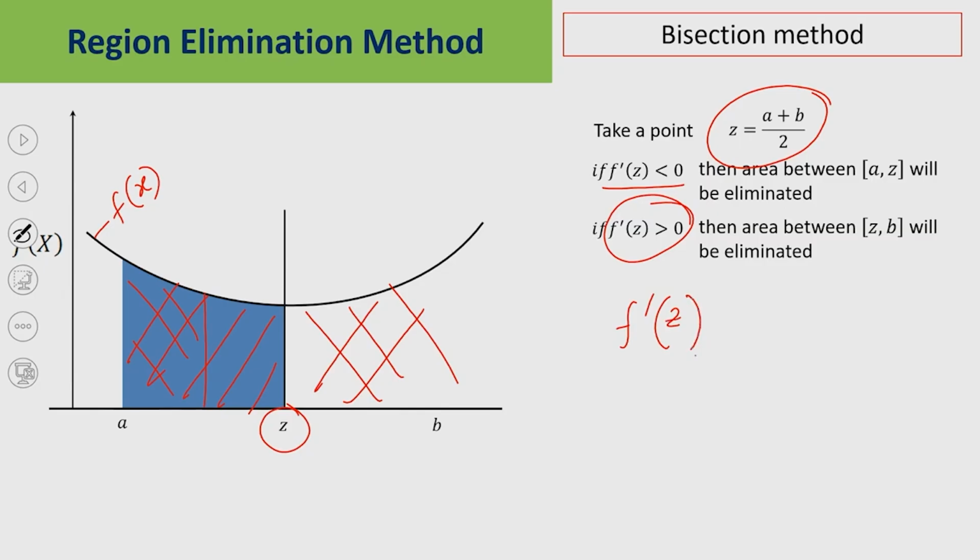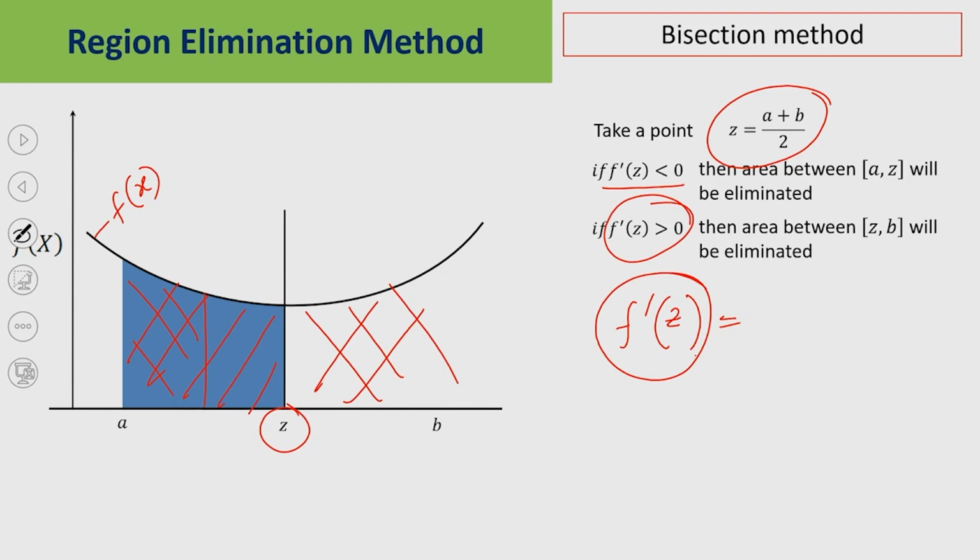Now, if I compare the efficiency of this method with the other methods, suppose the interval halving method or golden section search method, what is the computational complexity here? Here we have to calculate the derivative of the function at that particular point.